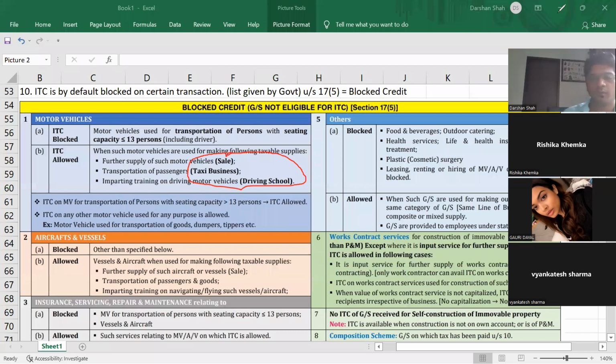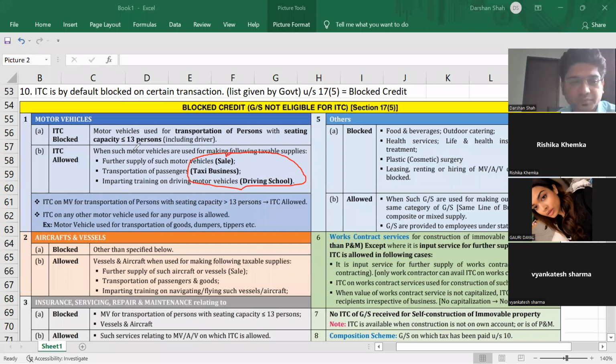See if this is clear now. So just remember, for these three businesses, all kinds of motor vehicles ITC is allowed. Apart from these three businesses, only big buses ITC is allowed. That's it. That's the entire first condition done.